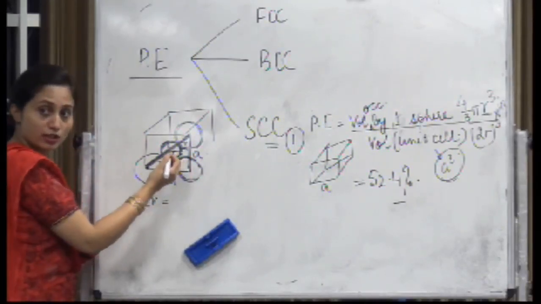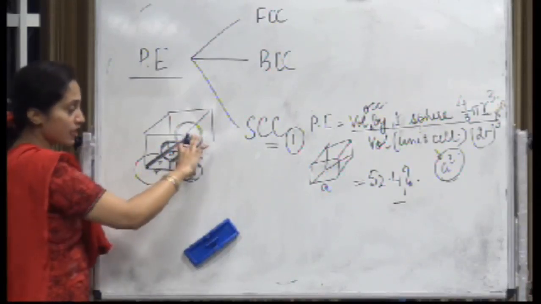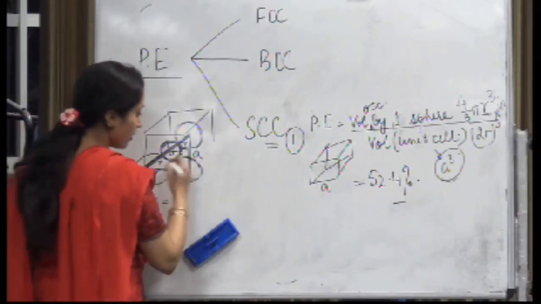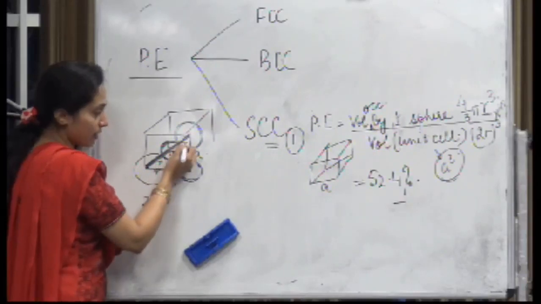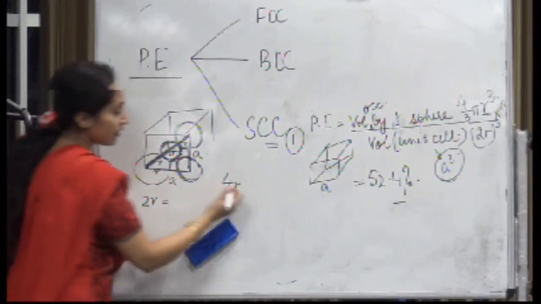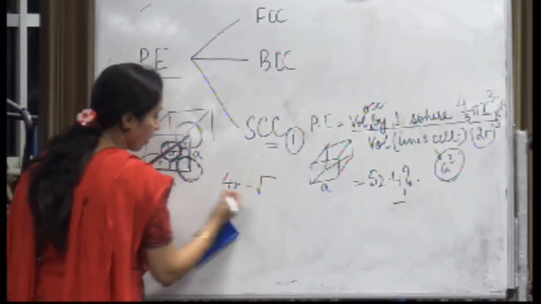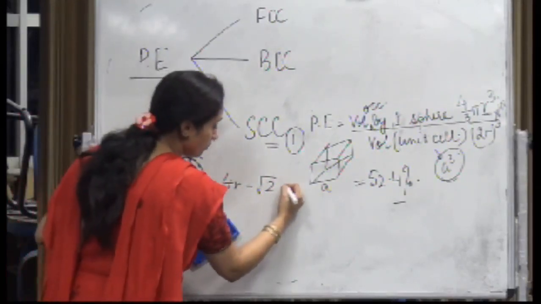So according to the Pythagoras theorem, A square plus A square will be equal to your hypotenuse square. So your hypotenuse, which is r plus 2r plus r, 4r, will be equal to under root of A square plus A square. So that means root 2 A.